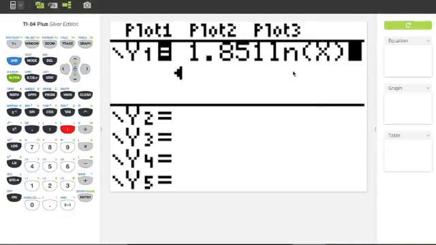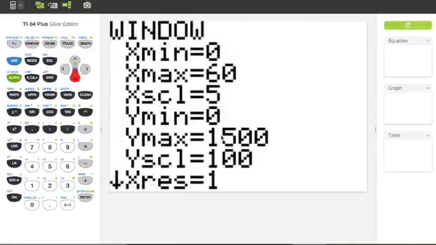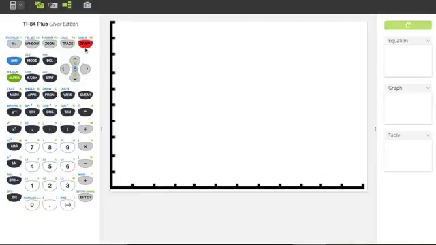Since we had parentheses, we'll close them. If your calculator doesn't have parentheses, you'll be okay. These are percents, so we'll do 0 to 100%. And here's my graph.